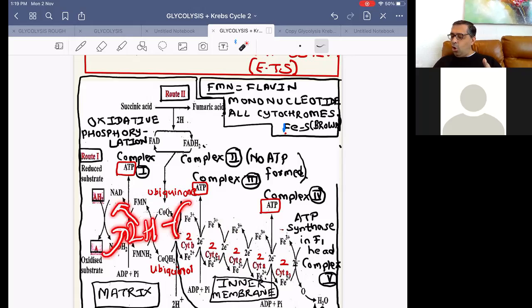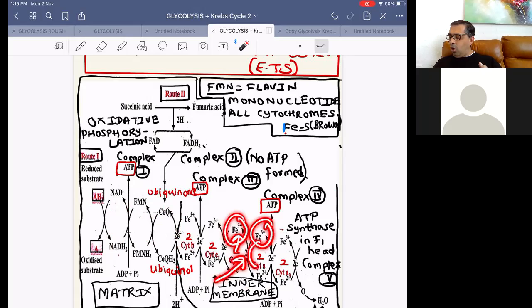Accepting hydrogen was called reduction. Similarly, यहाँ giving away electron is called as oxidation. And accepting electron is called as reduction. What is this reaction called as? Redox reaction. And cytochrome C से electron went to cytochrome A.